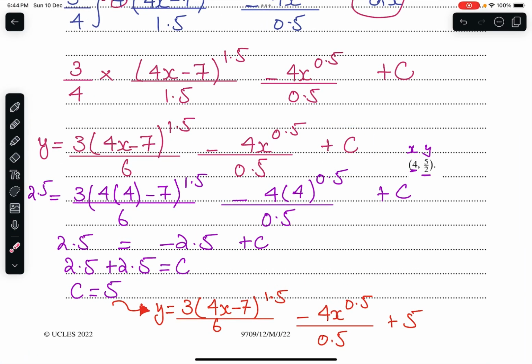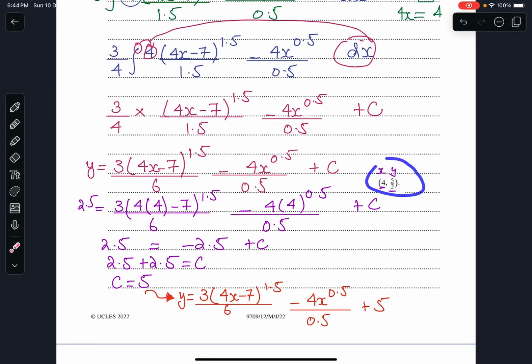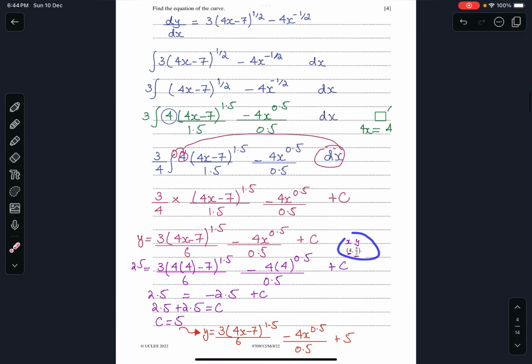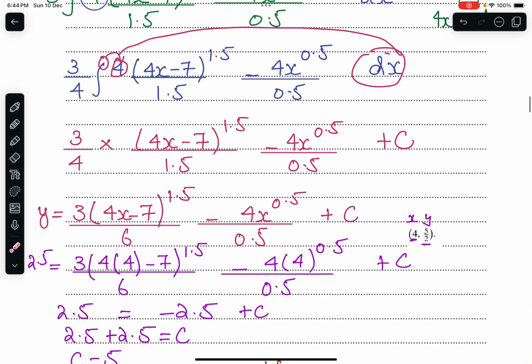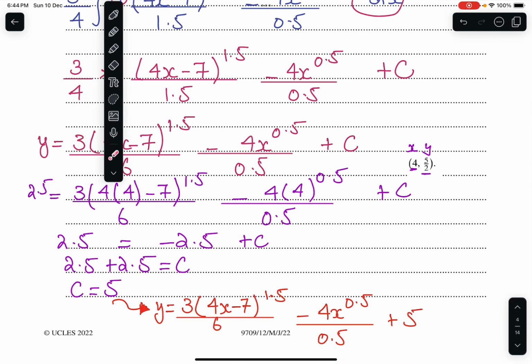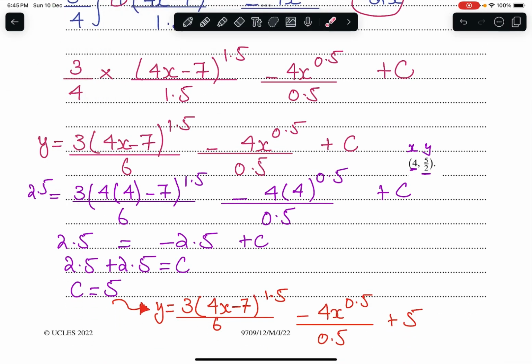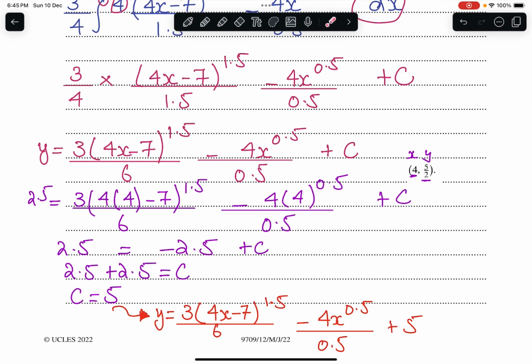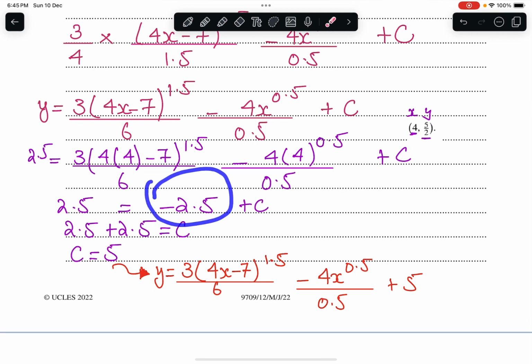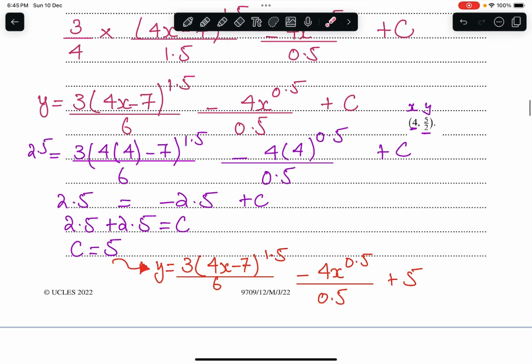To find the value of c, we put in the point which was given in the question, which had one x value and one y value. We substituted the values for y and for x in the expression, and what we got was negative 2.5 over here. After that, we took this 2.5 to the other side and it became positive. So it gave us c equals 5.